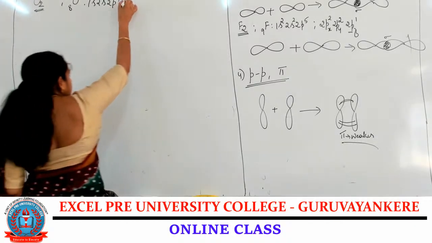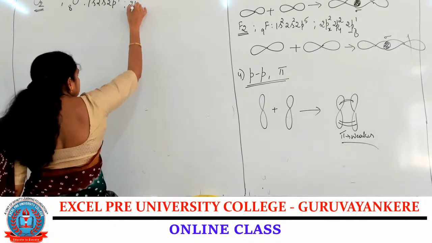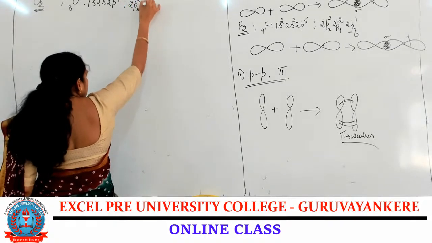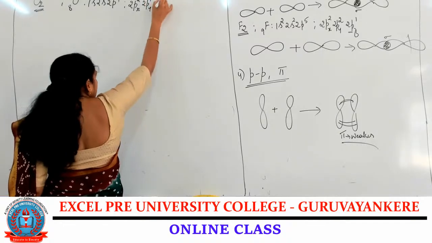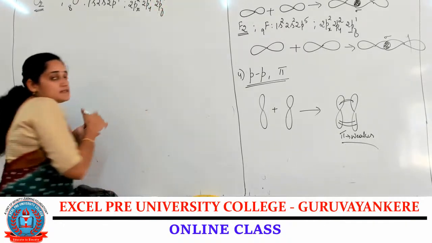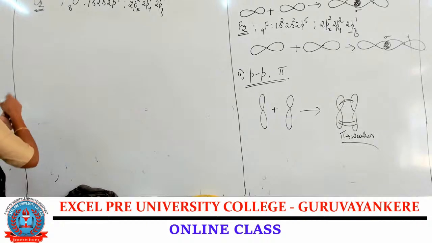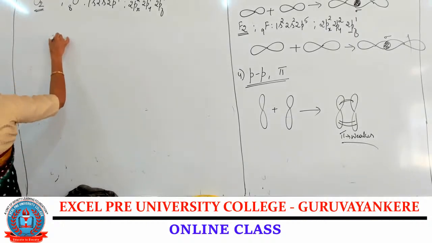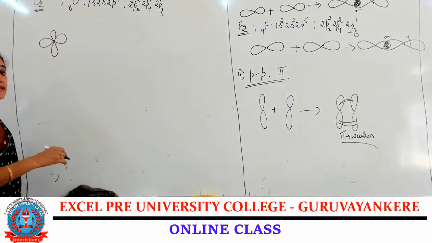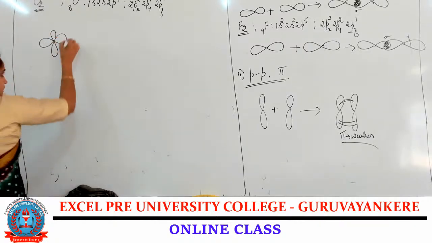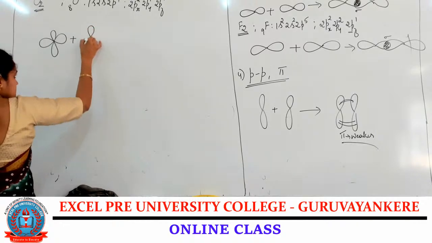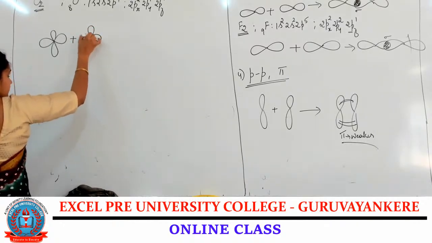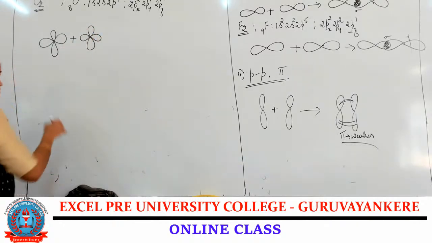This 2s2, 2p4 is nothing but 2px2, 2py1 and 2pz1 for one oxygen atom. Now let me show the px and the py orbital of another oxygen atom.